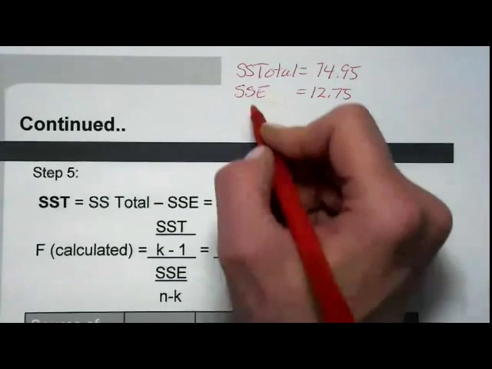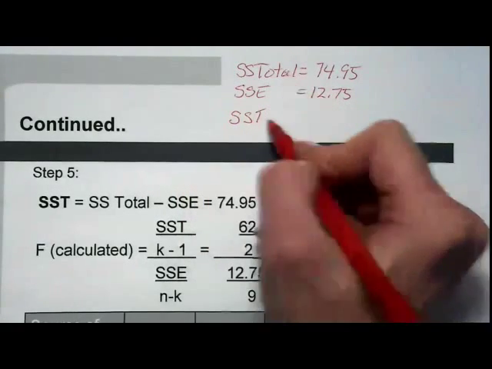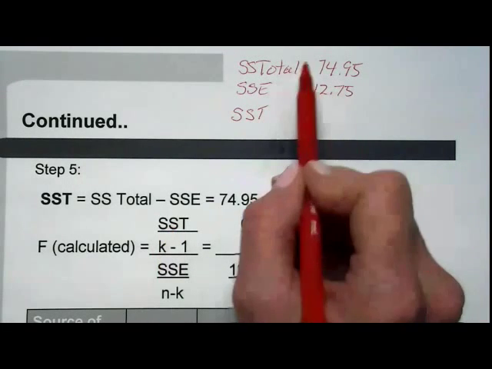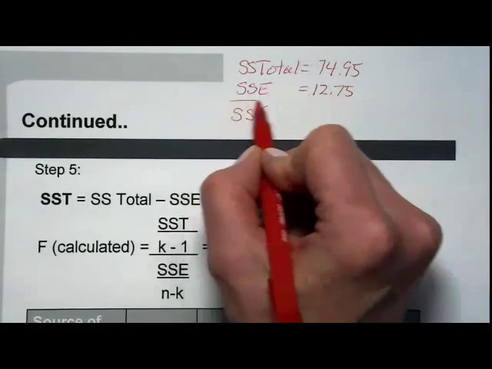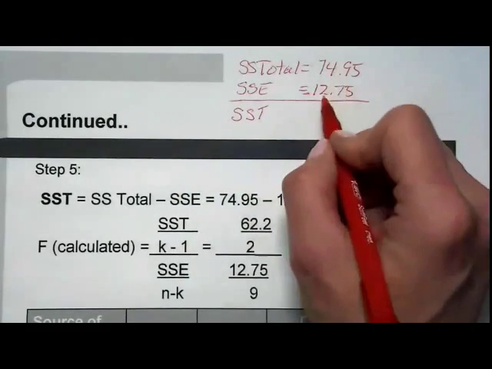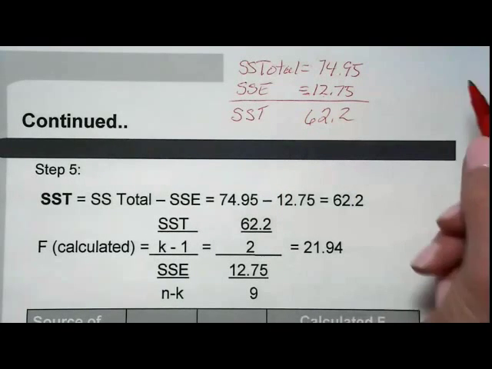We also need an SST, which is different from the total. See, we need an SST. That is the difference between these. All you have to do is subtract those two, and we get 62.2.